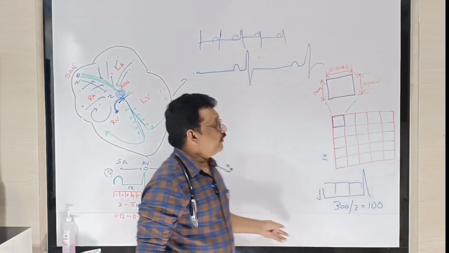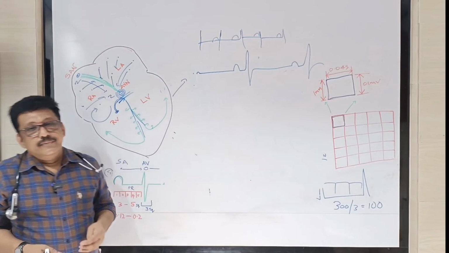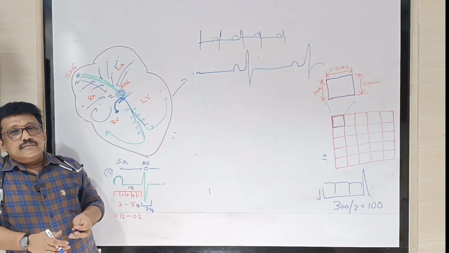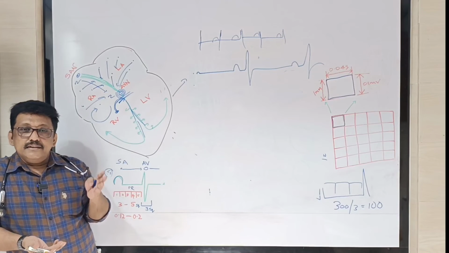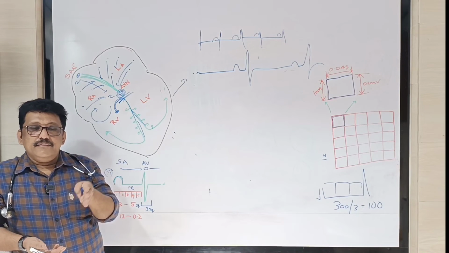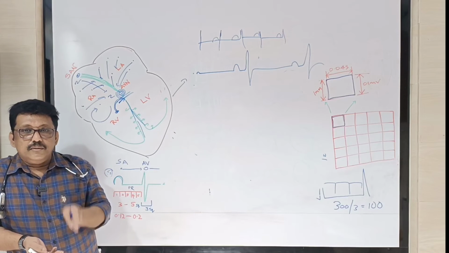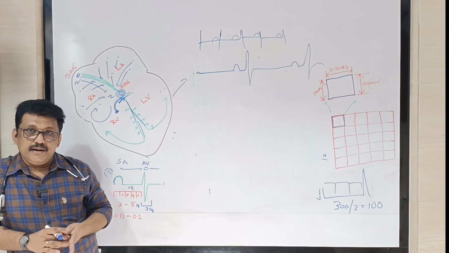We can calculate the rate. But if it is very low, what are the reasons for that? Again, you have to tell whether the patient is having sinus bradycardia or something else. Sinus bradycardia means the patient should have a P wave, a proper PR interval, then there is a QRS complex. The RR interval comes regularly, that is sinus bradycardia.